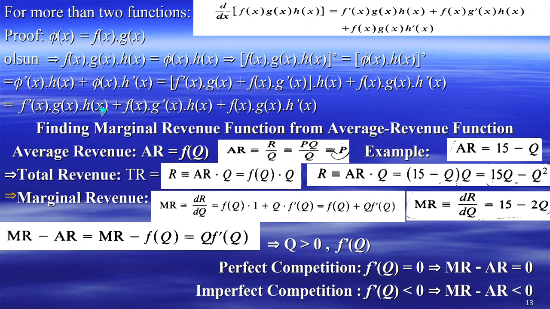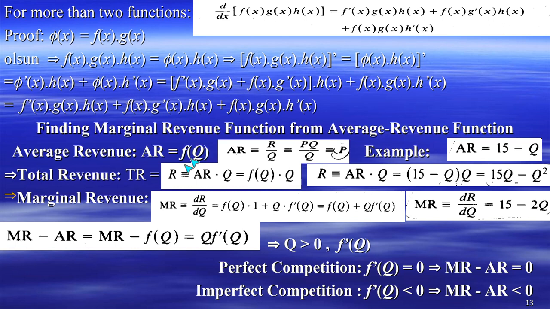How do we use it? We use it, for instance, for finding the marginal revenue function from an average revenue function. This is an economic example. Average revenue, which is the inverse demand function, is equal to the price. Average revenue is the price indeed of something. So average revenue, which is the price, is a function of the quantity.